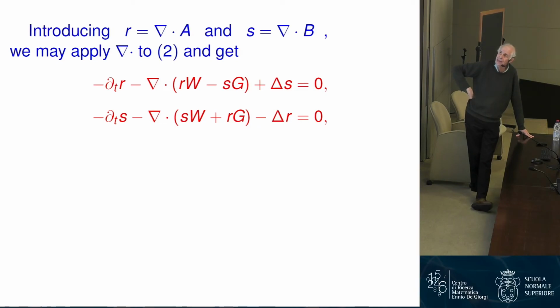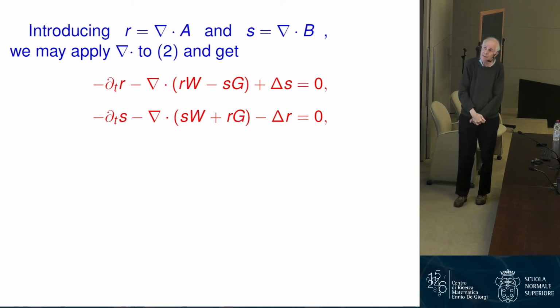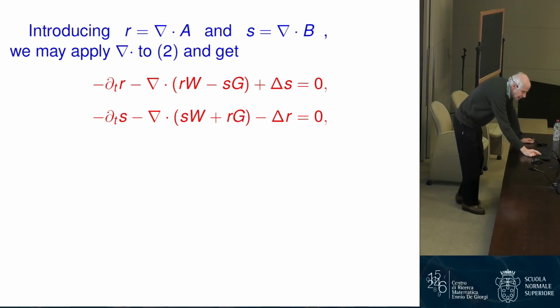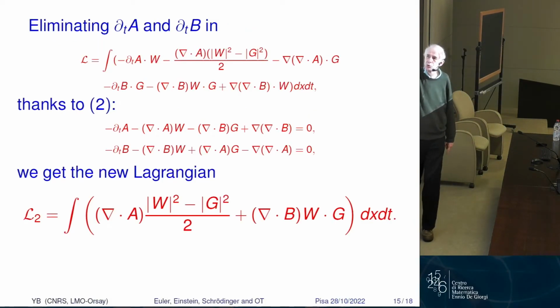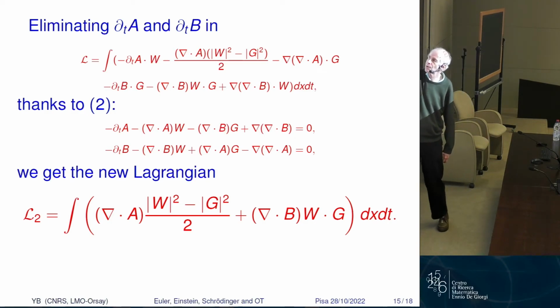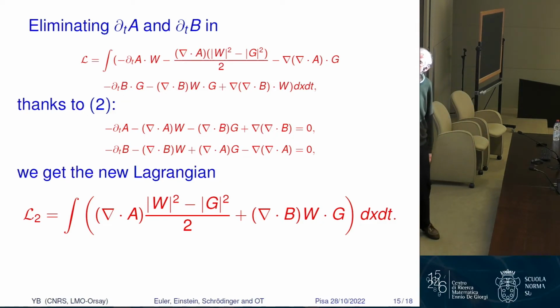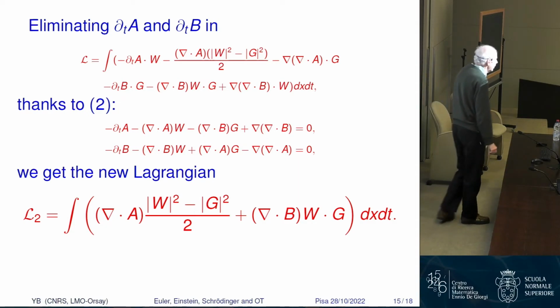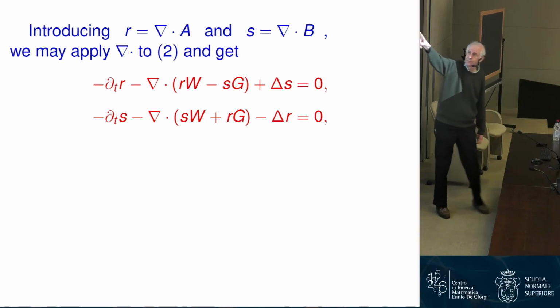So it's the divergence of A, and there is an additional field S, which is the divergence of B. And if we apply the divergence operator to the previous equation, this equation 2, this constraint, you see that the divergence of A and divergence of B appear everywhere. So in order to get a self-consistent equation for the divergence of A, it's just enough to put the divergence operator in front of that. And this is what I do, and I get this equation.